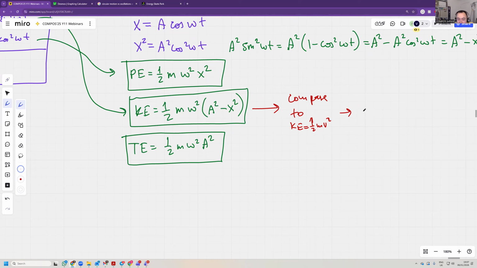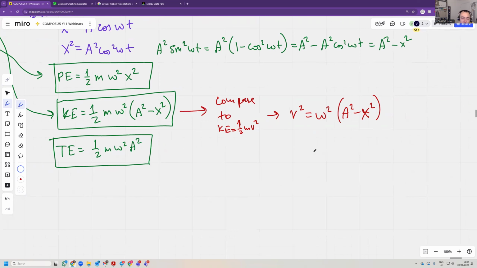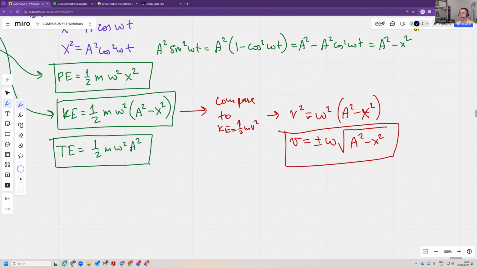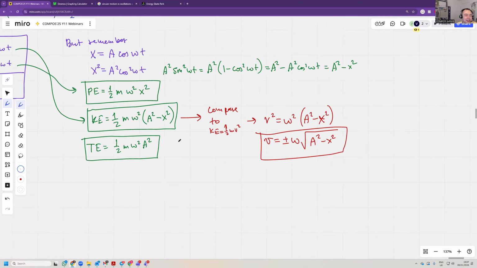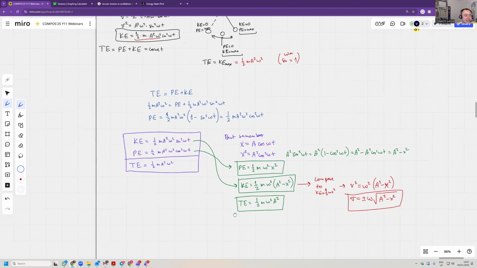So v squared is omega squared times a squared minus x squared, or the velocity is plus or minus omega times the square root of a squared minus x squared. This is another very useful formula. Okay. So that's that.